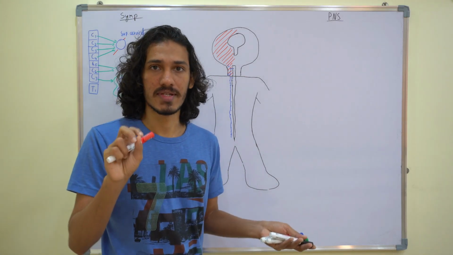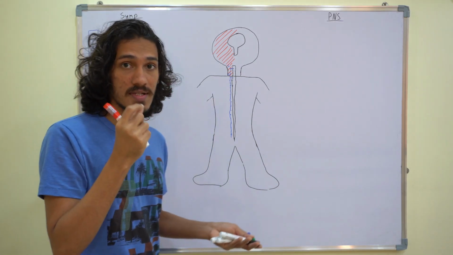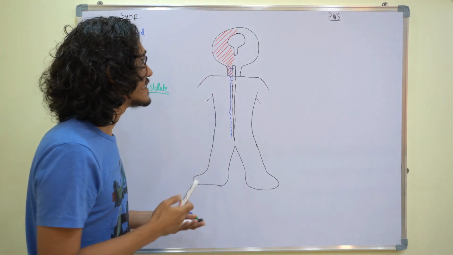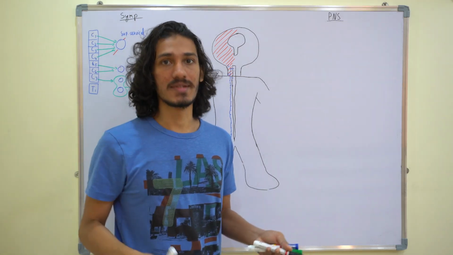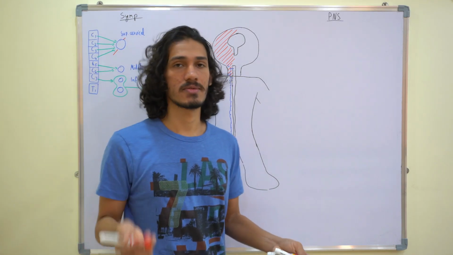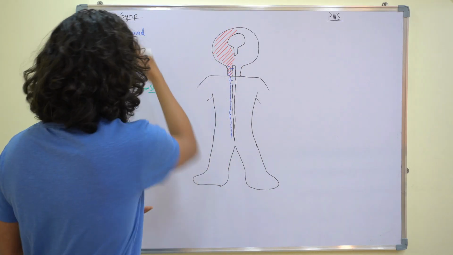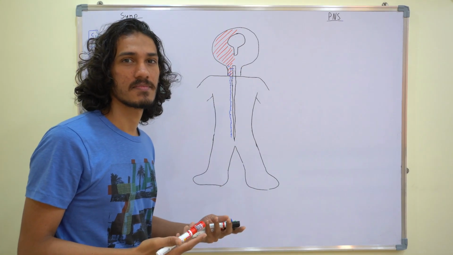There'll be miosis, partial ptosis from the levator palpebrae superioris, and absence of sweating on one side, and loss of the ciliospinal reflex. So like that, in Horner syndrome, this superior cervical ganglion is affected.